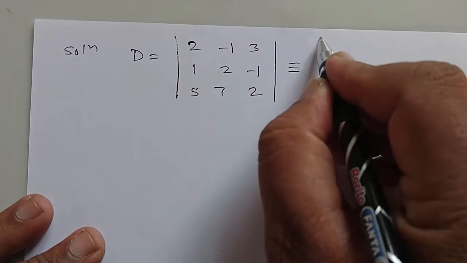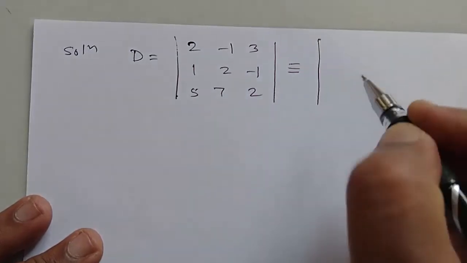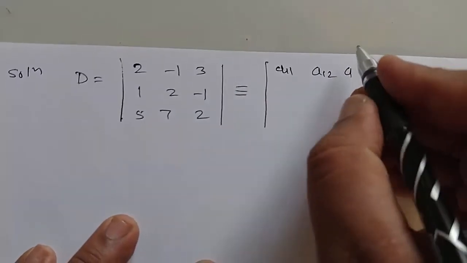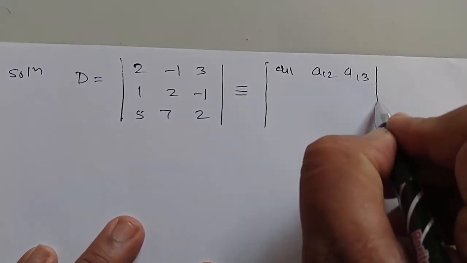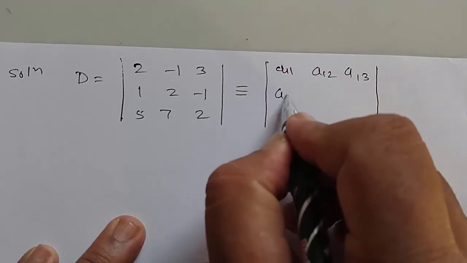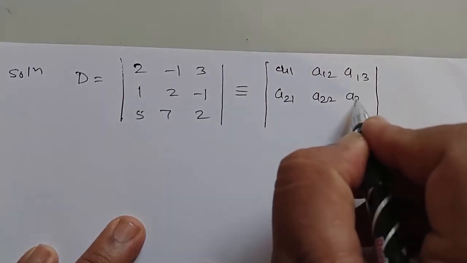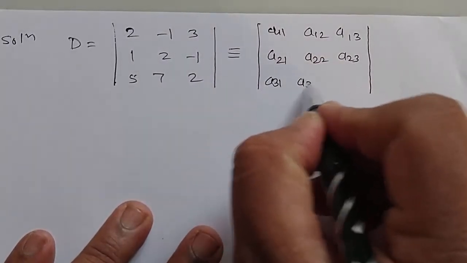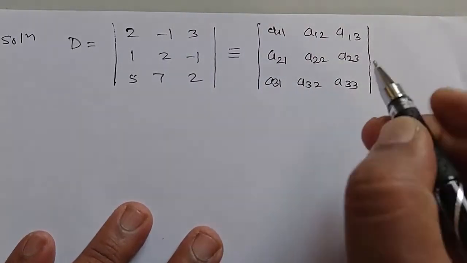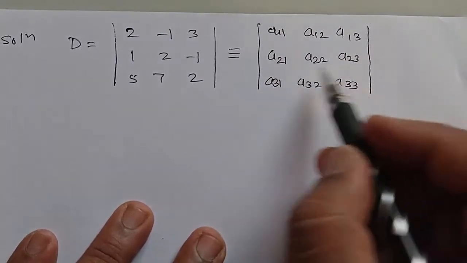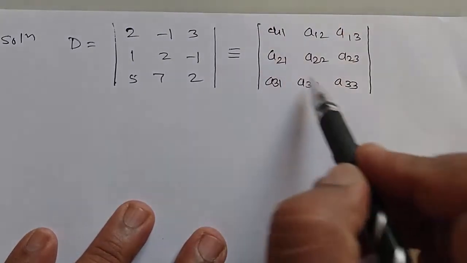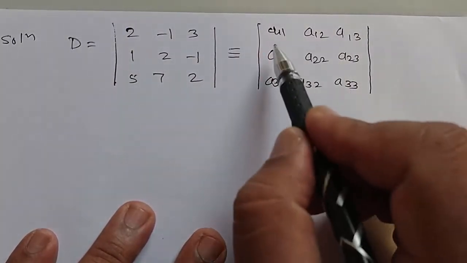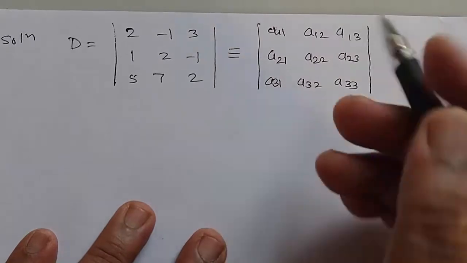We write the positions of the elements: A11, A12, A13 is the first row, A21, A22, A23 is the second row, A31, A32, A33 is the third row. For reference, we take this so that we can see in which row and column each element belongs.